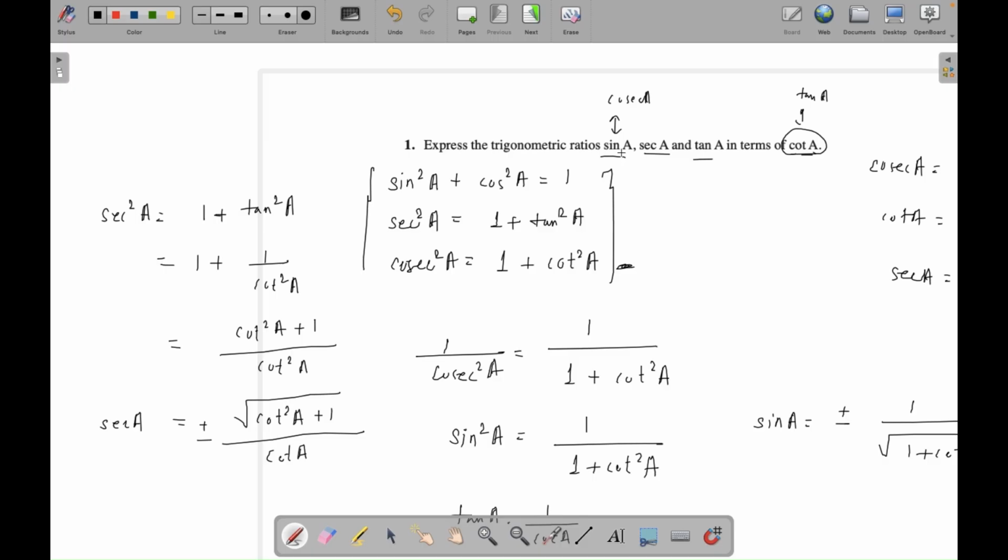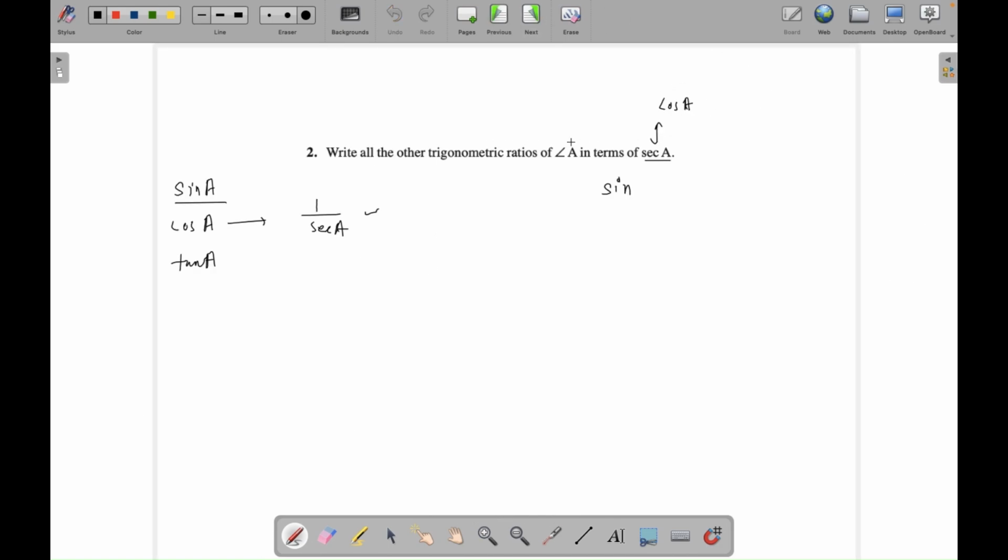So either I could find the relation between sin A and cot A directly, or sin A and tan A, or cosec A and cot A, or cosec A and tan A. We know that there is a relationship between cosec A and cot A, so we use that relationship. So there are four possibilities. If you find the relation between any two combinations, then you are good to go. Okay, so that is exactly for sin A.